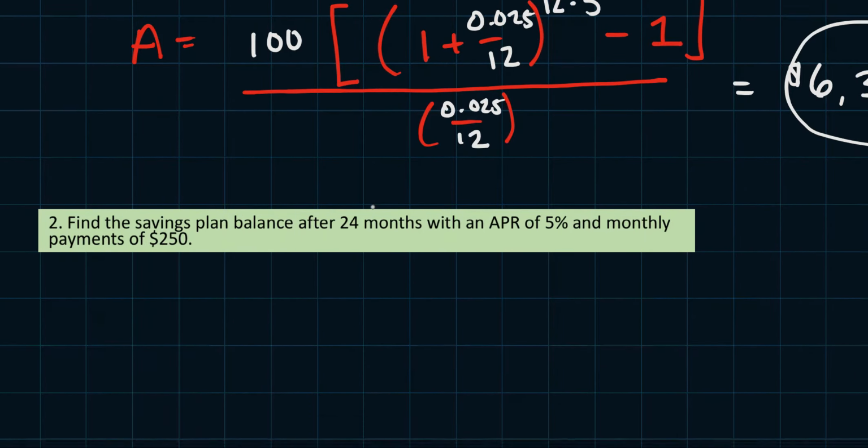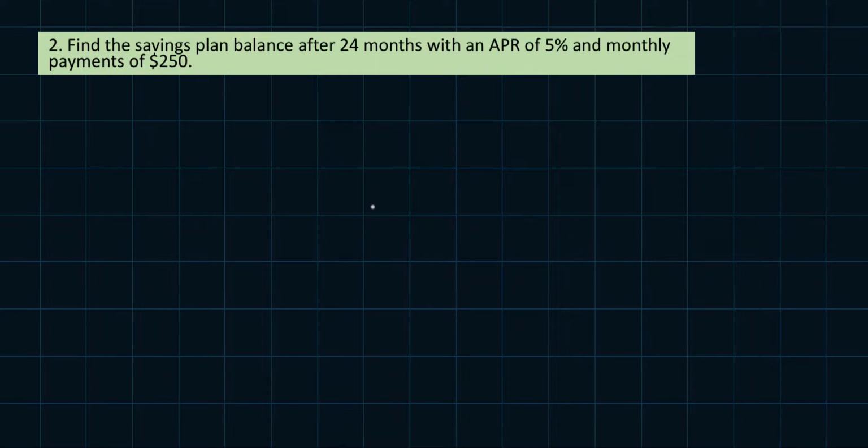Let's try another one. Find the savings plan balance after 24 months with an APR of 5% and monthly payments of $250. Okay, monthly payments keyword, we need the savings plan formula. Let's write the savings plan formula.